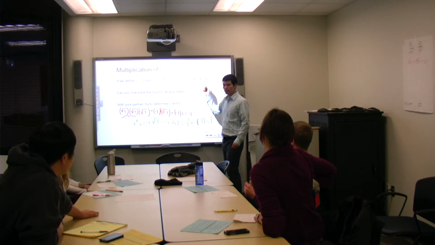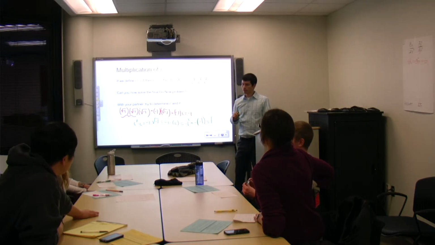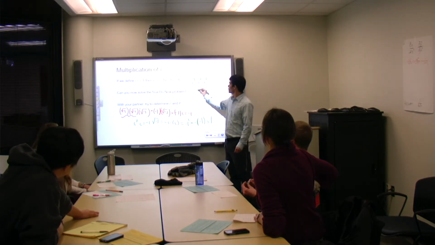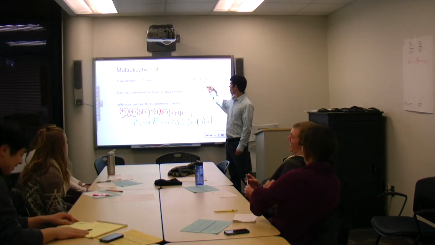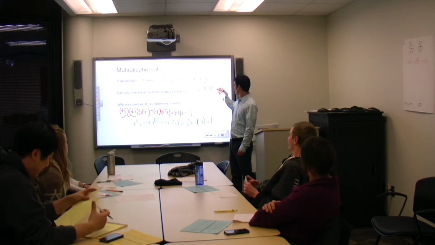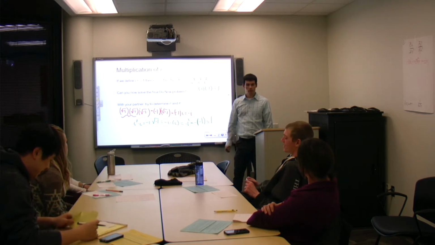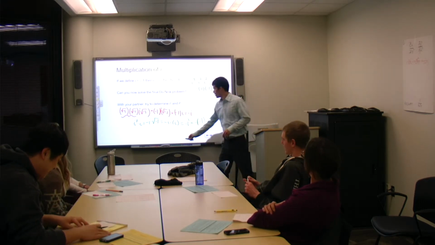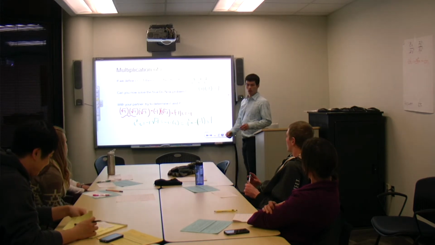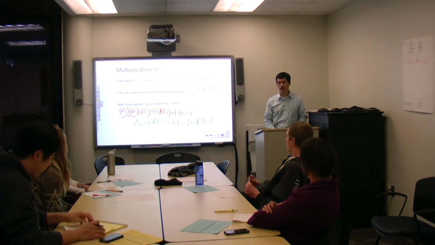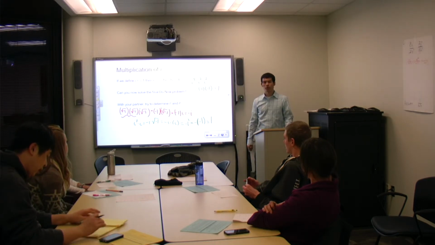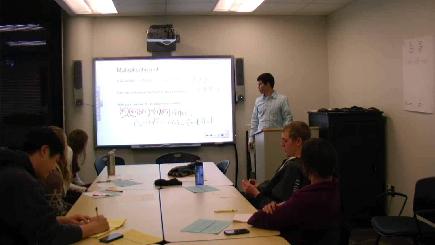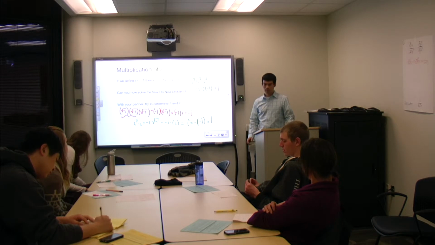Anyone else do it like this? i squared is -1 times -1, get positive 1. So as you guys can see, when you're doing this, there is no one correct method. Bridget might do it this way, Dan might do it this way, they are both correct and they're both very good ways to do it. Okay?